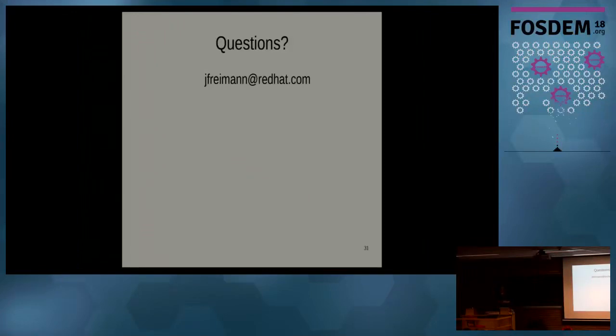So the question was, the implementation of VirtIO 1.1 will require changes to QEMU, and what's the timeline for that?